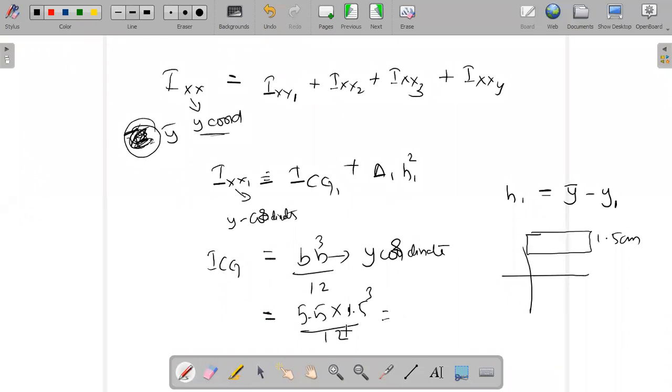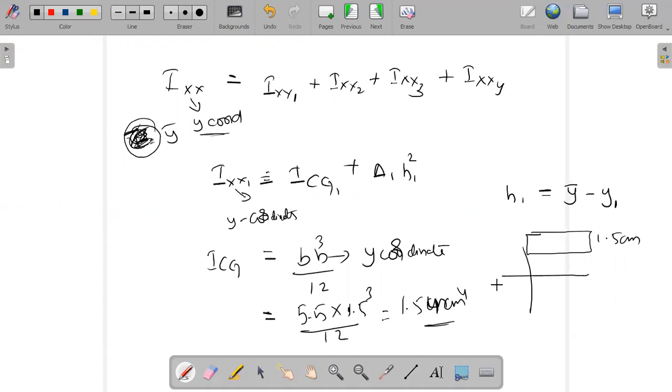Is this clear till here? 5.5 into 1.5 cube divided by 12. What is the answer? You are getting this as 1.54 centimeter to the power of 4.